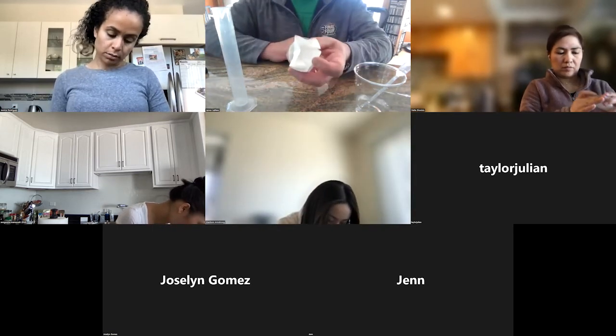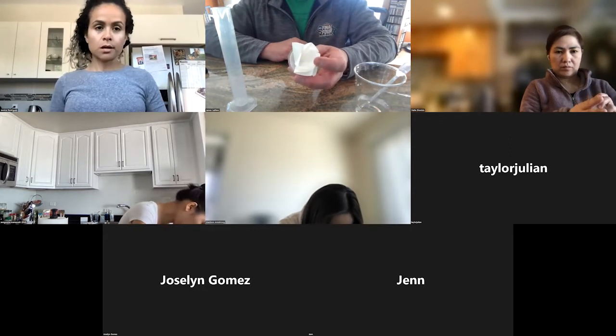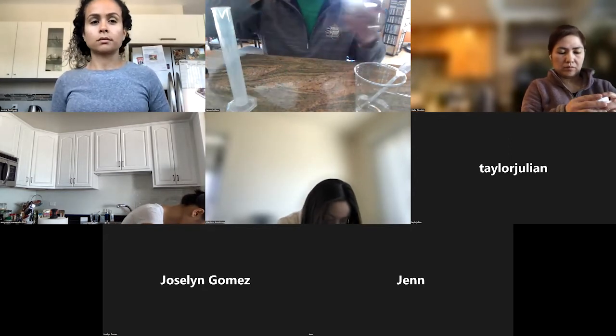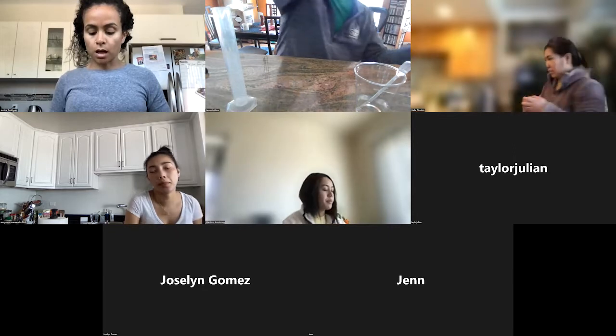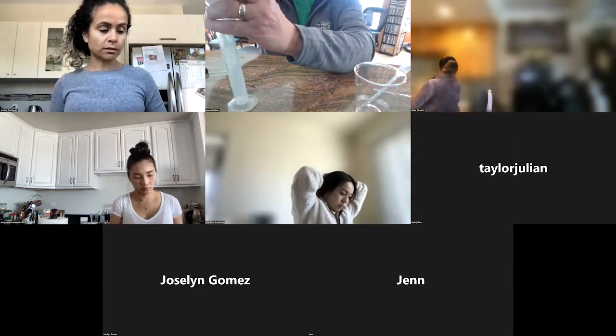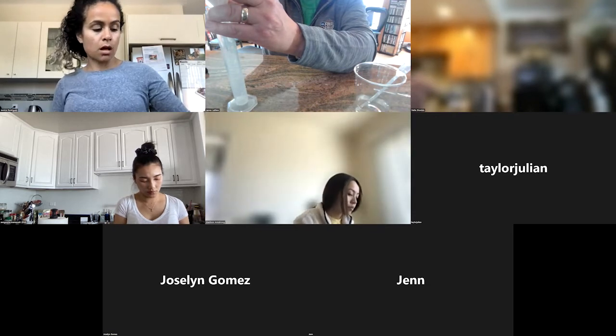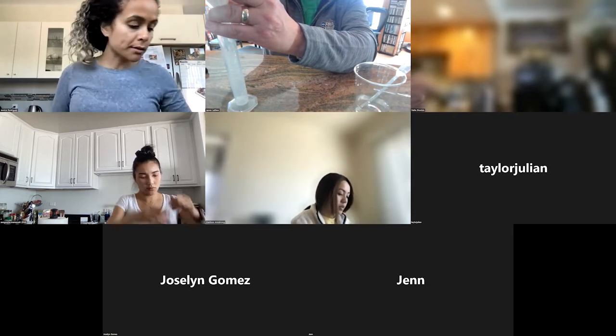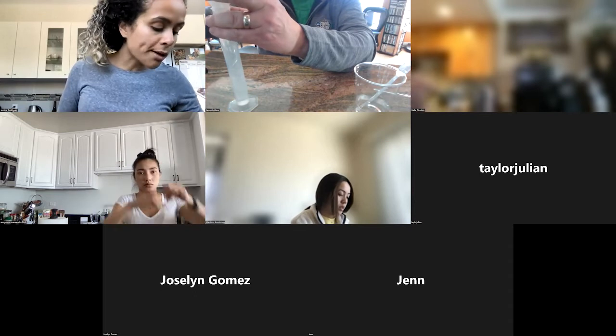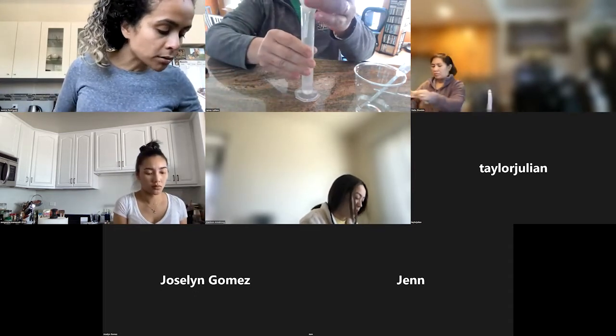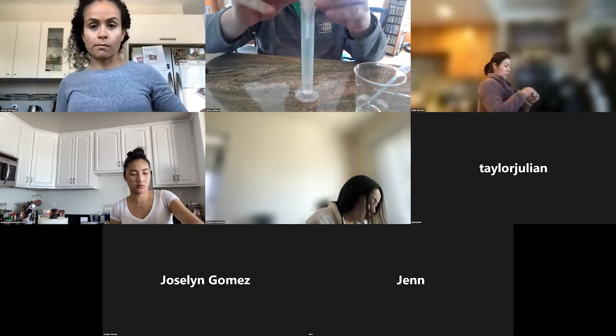What I would recommend is wetting this with a little bit of water so that it sticks to the side of the funnel. See, when it's wet, it actually stays in place.